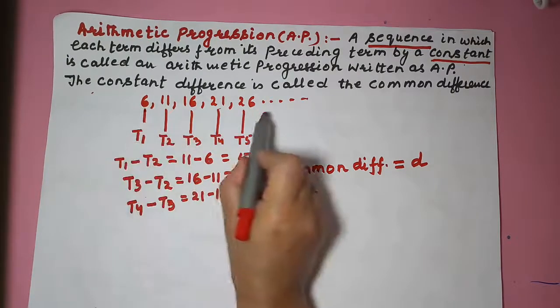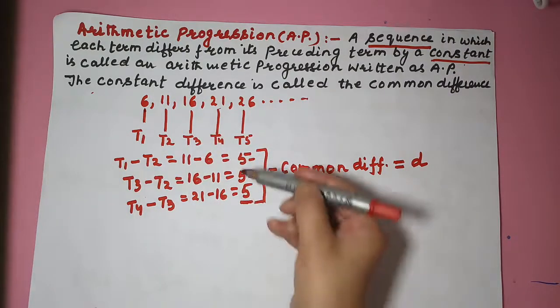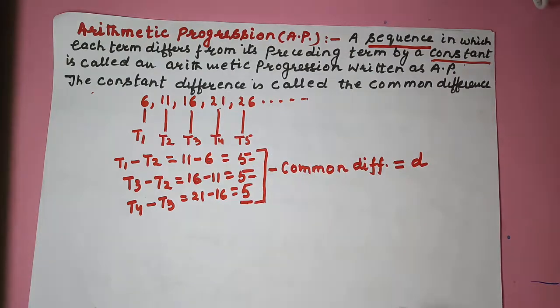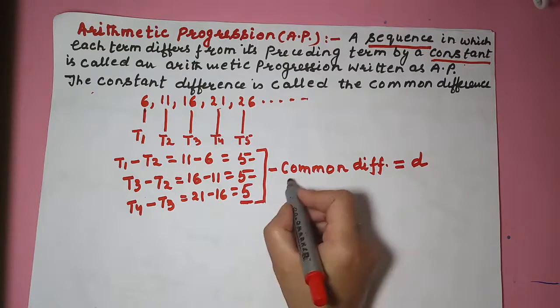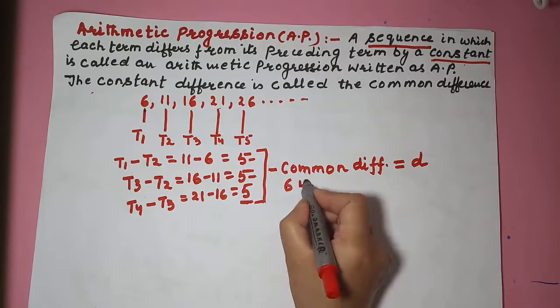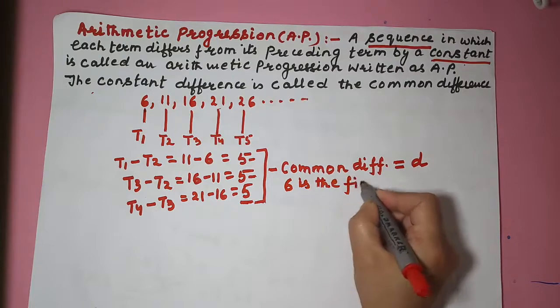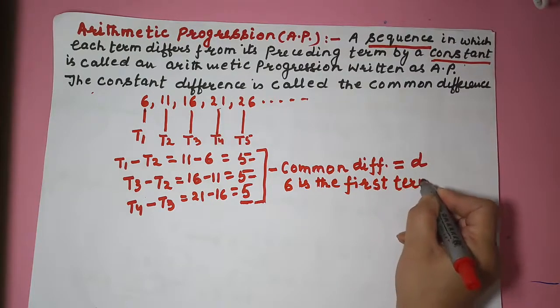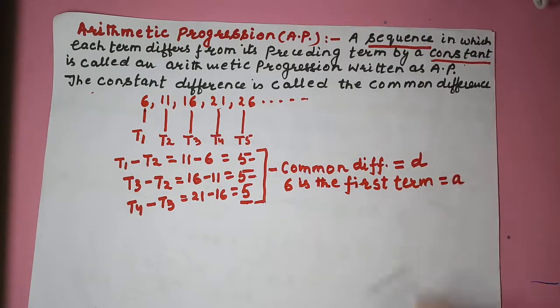This is now arithmetic progression. We can say that this is AP. Why is this AP? Because we have seen that the difference between the preceding terms is same. So common difference is same, which is 5. So 6 is called the first term. So this first term in AP is denoted as small a.